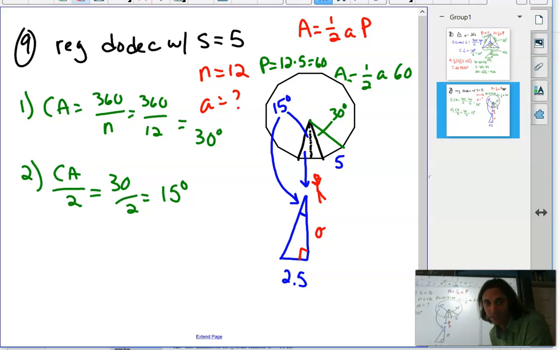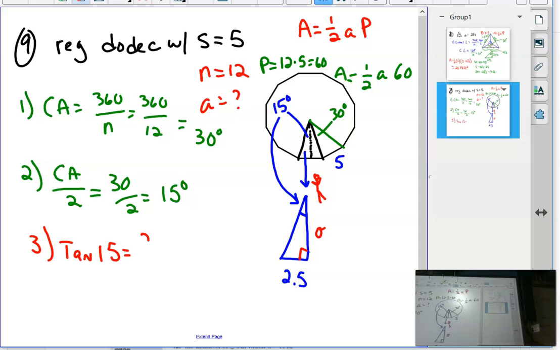I think to myself, SOHCAHTOA, SOHCAHTOA. Yeah, you know what it is. Step 3, the tangent of 15 equals 2.5 over A. I'm going to solve it. A, these two end up switching places when you cross multiply.